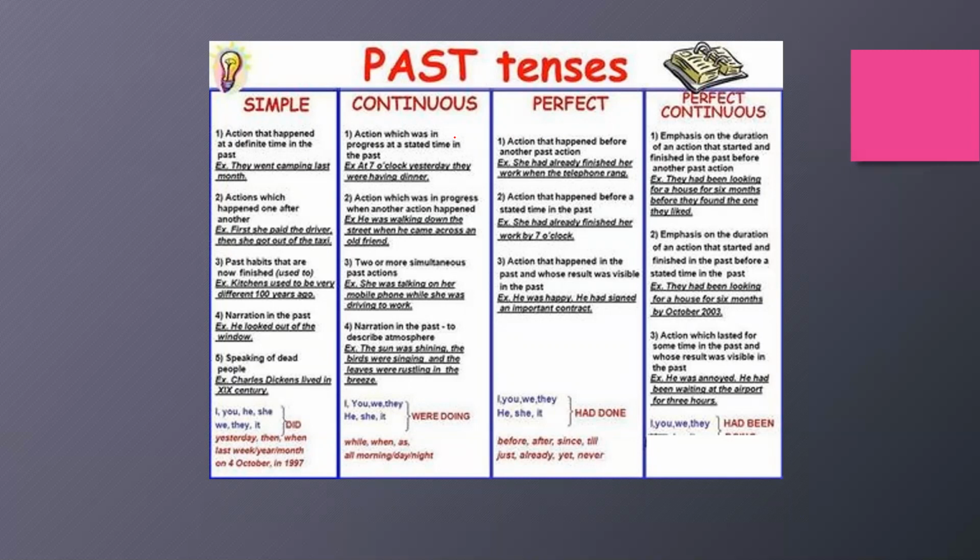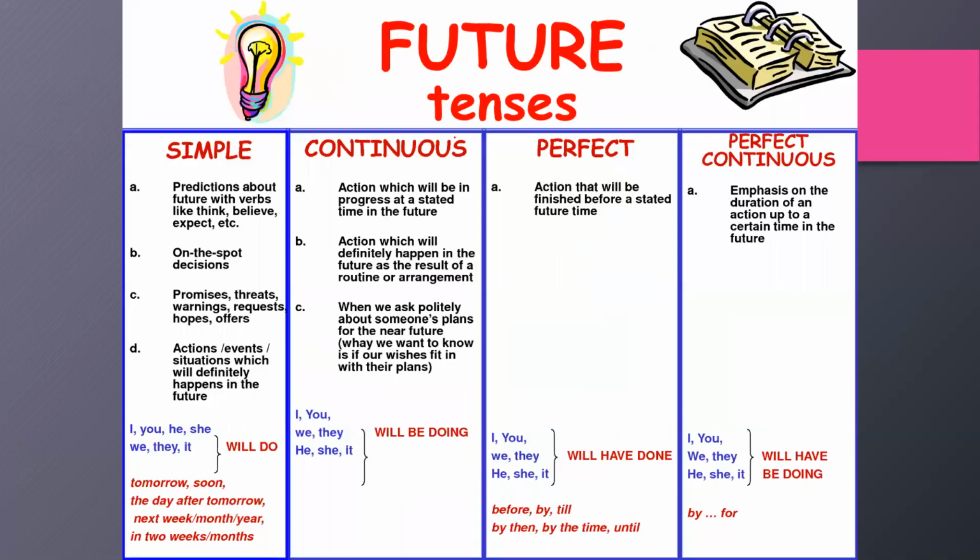So in the past an action went on, and after that it continued till a certain point of time in the past. Then the rule is what? The subject plus had been and the first form of verb and ing because it is continuous. It was going on. Next is future tense.